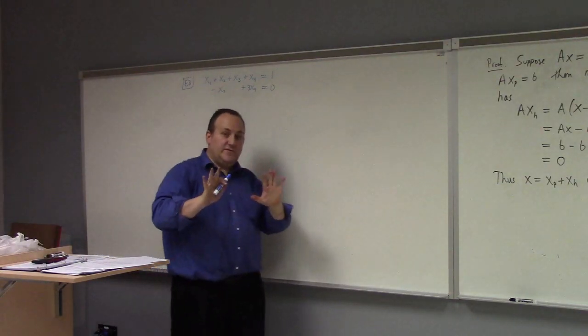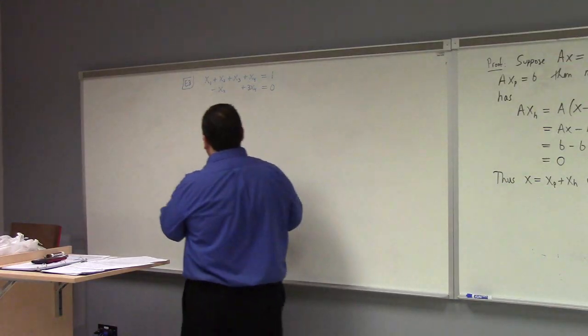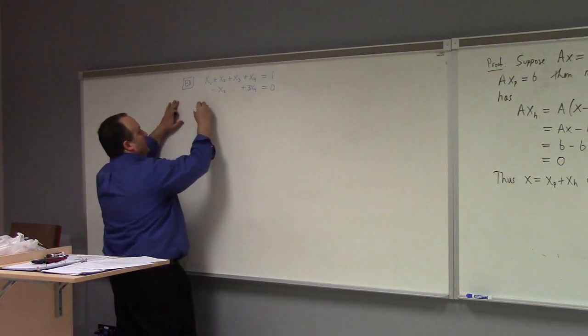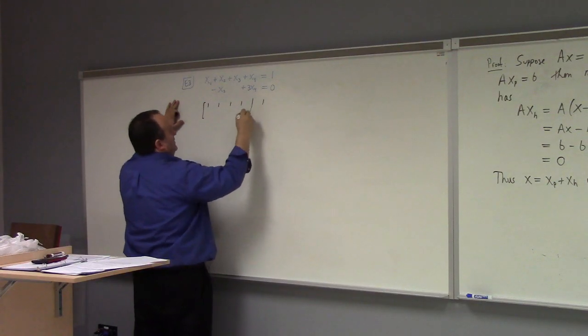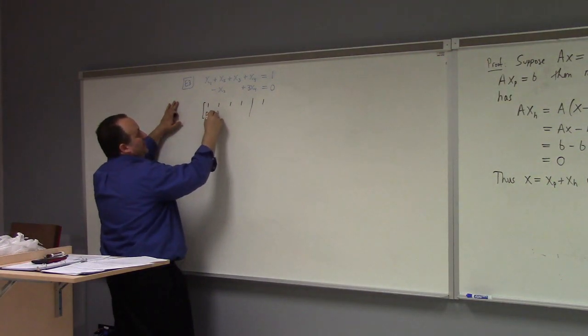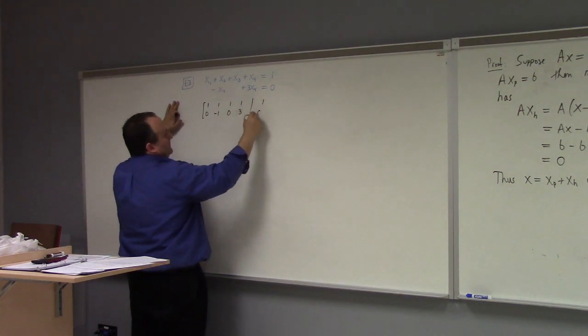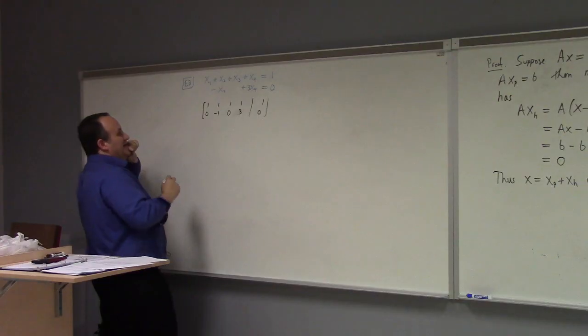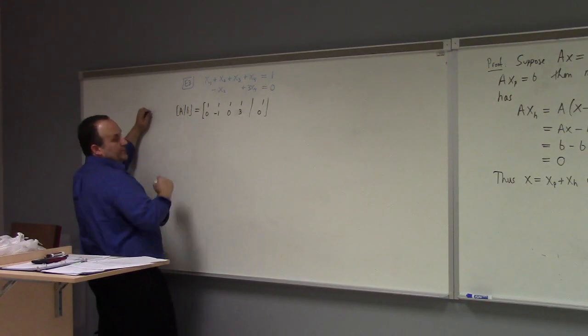Well, I want to find the solution set to that system of 2 equations and 4 unknowns. So here's what we do. We write down our augmented coefficient matrix, 1, 1, 1, 1 with a 1, and you got your 0, minus 1, 0, oops, 3, 0. All right, there's my A, b, so to speak, right?